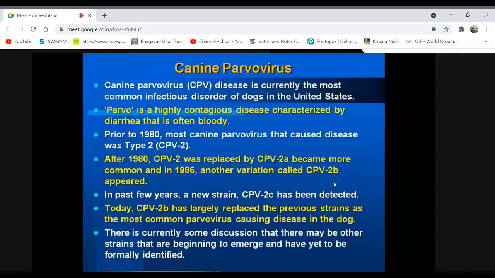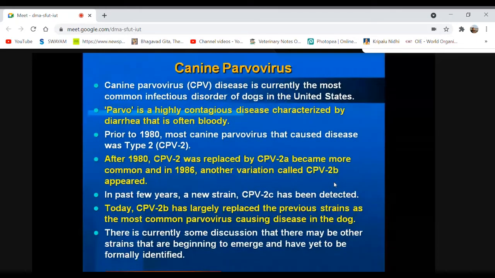Okay, and this disease is highly contagious, and one very characteristic feature is that the affected dogs show signs of severe diarrhea, bloody diarrhea as well as bloody vomition. Diarrhea also, vomition also.